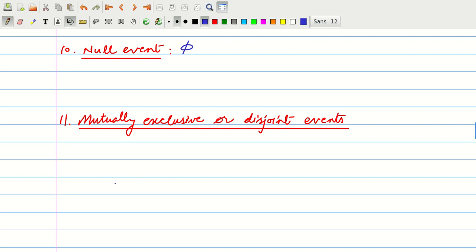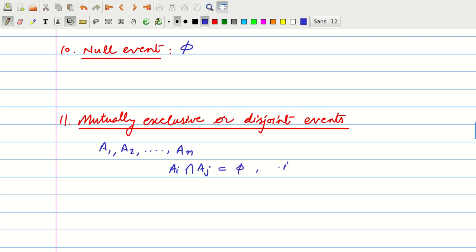In general, if we consider a listing of events A1, A2 up to AN, then the events of this listing are all said to be mutually exclusive or disjoint if for any pair of events AI and AJ, their intersection is a null set.